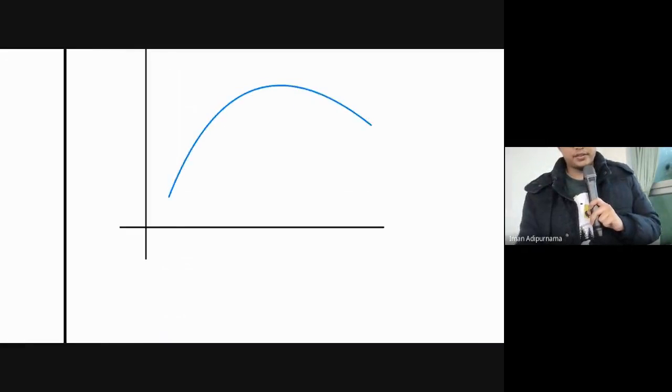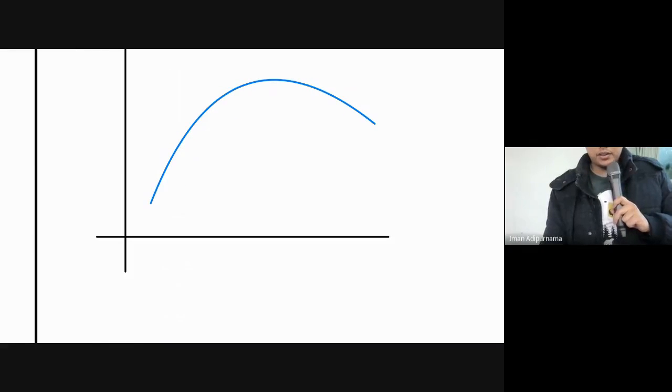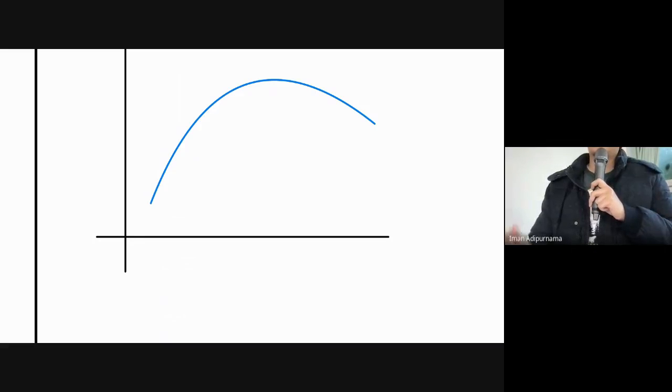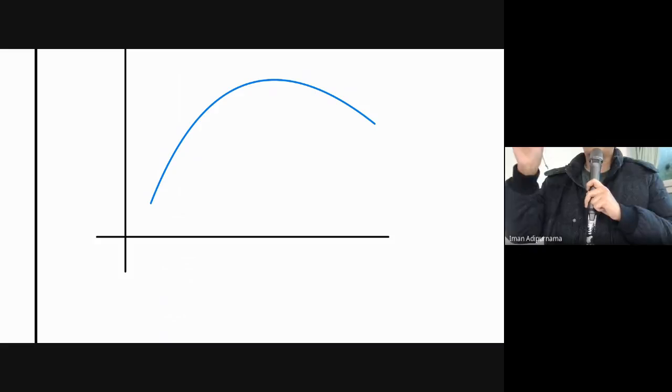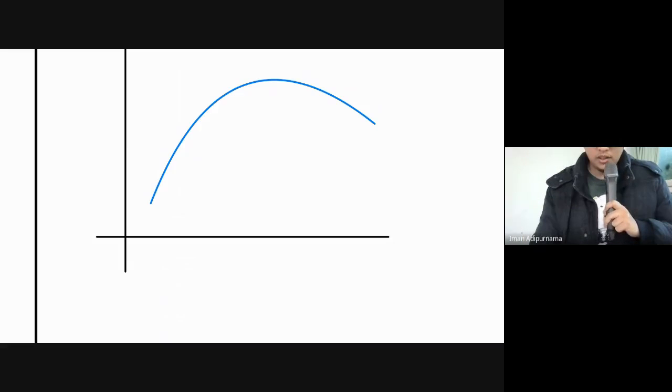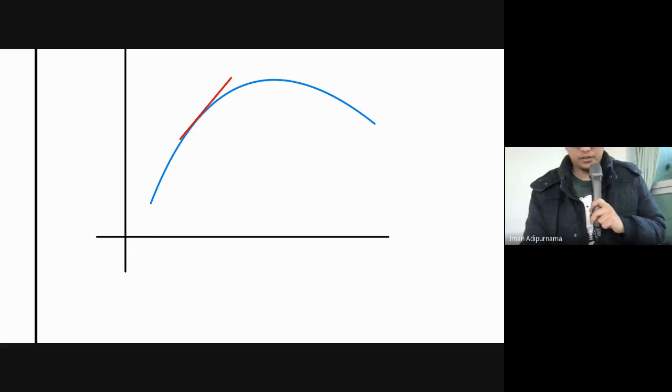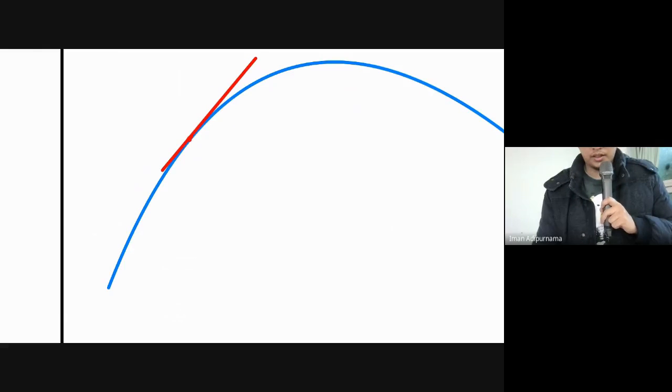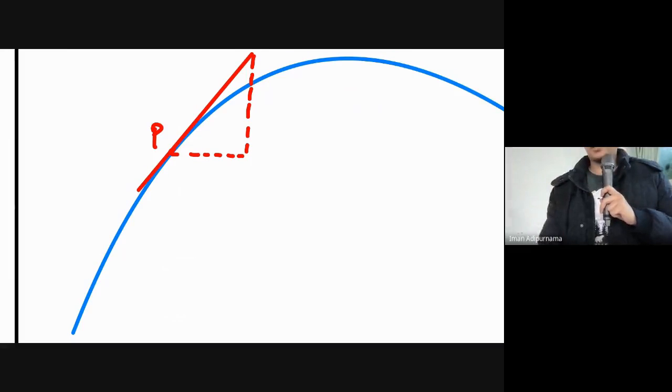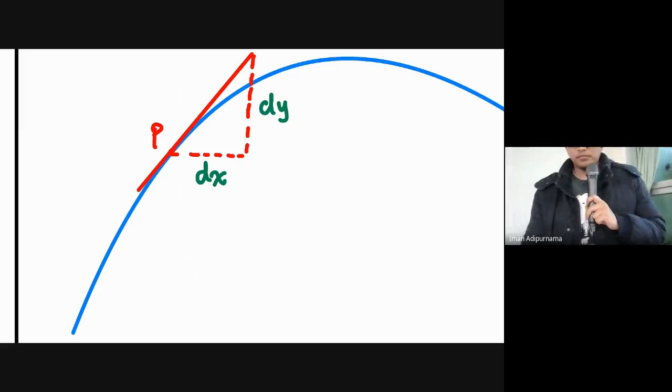Let's say that's a curve. Like I said before, L is actually made of small tangent lines, and we add all those tangent lines. So let's make some point here, and let's say this is the tangent line, P. Let's say this is very small, and we can write this as dy and dx.